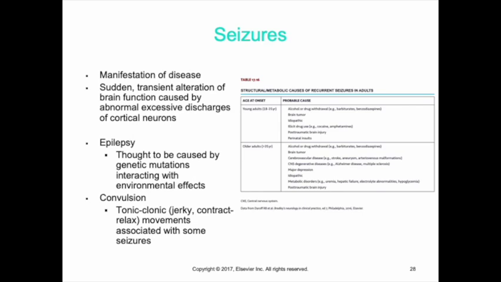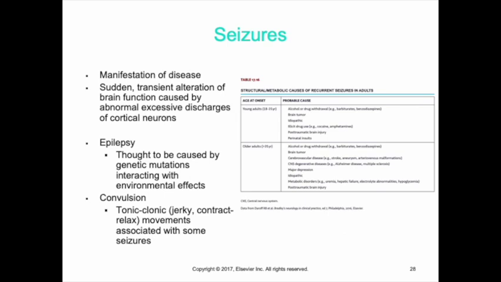How do we define seizure exactly? By definition, this is an involuntary alteration of behavior with or without loss of consciousness that's accompanied by an abnormal electrical discharge in the brain. And it's really important that we understand that it's not always with the loss of consciousness. Seizure disorders represent a manifestation of disease and not a specific disease itself.